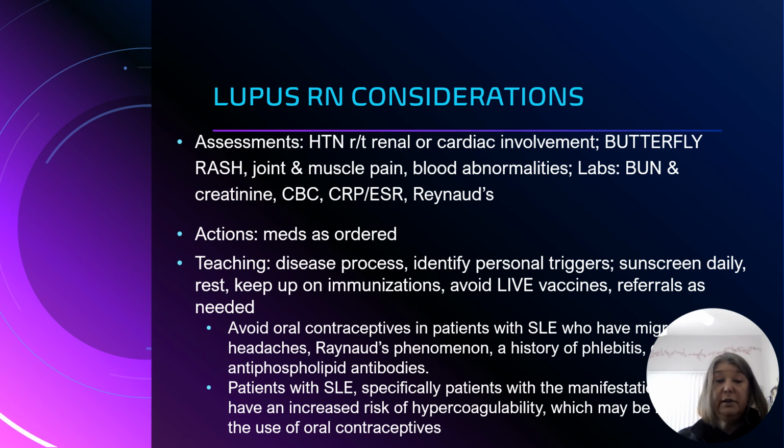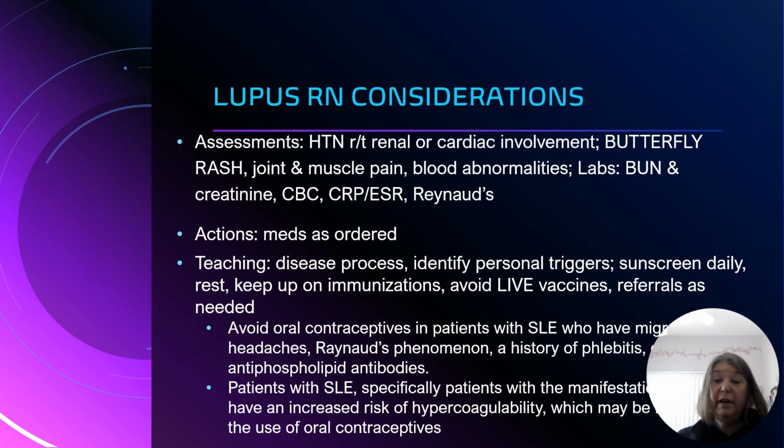With our RN considerations, our vital signs, hypertension could be elevated. Lupus patients can have renal or cardiac complications, so you may see hypertension. We just want to do our head to toe, past health history, ask them about rashes, all of that sort of stuff. Don't forget about that malar butterfly rash, right? It goes across the cheeks and the nose.